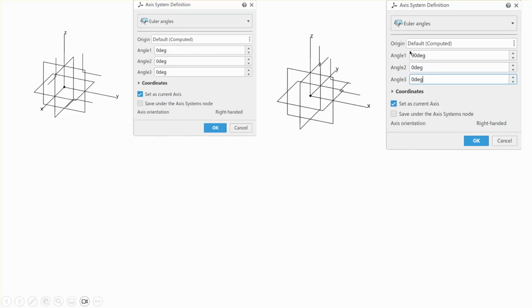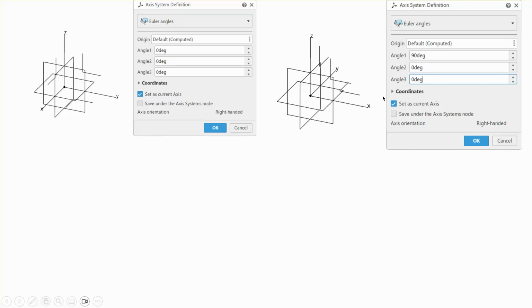This first number is Z, in the Z, X, Z sequence, or 3, 1, 3 sequence. So when you put a 90 here, it rotates about the Z axis by 90 degrees. Notice that when you rotate about the Z axis by positive 90, X will end up in the place of Y, and Y will end up on the other side, along the forward X direction.